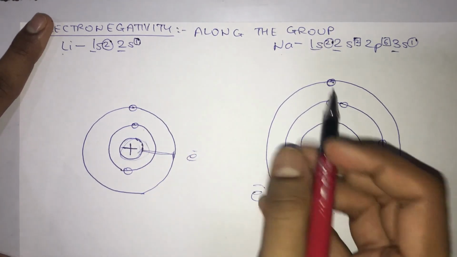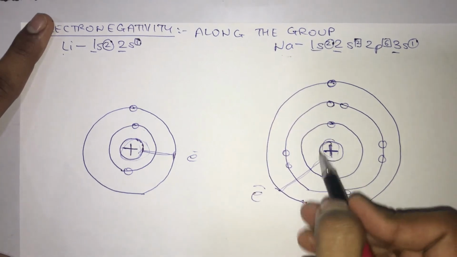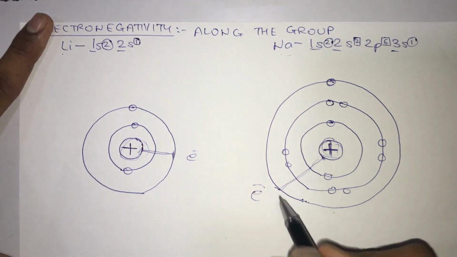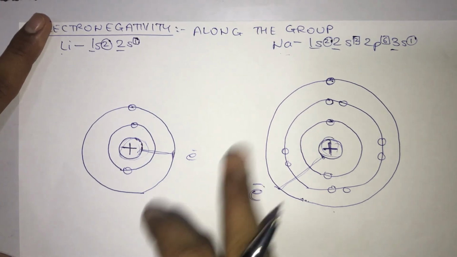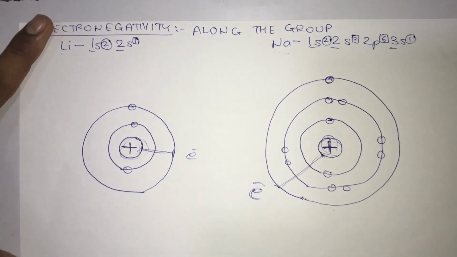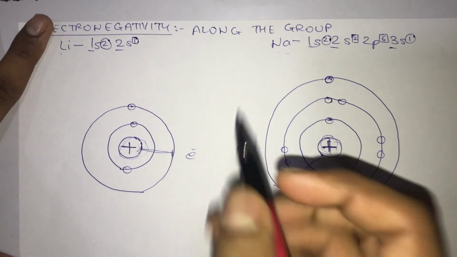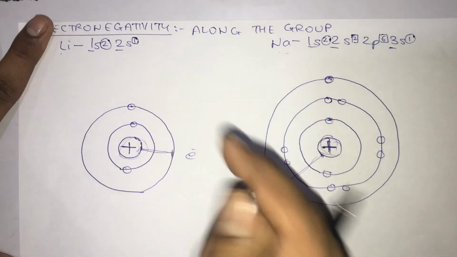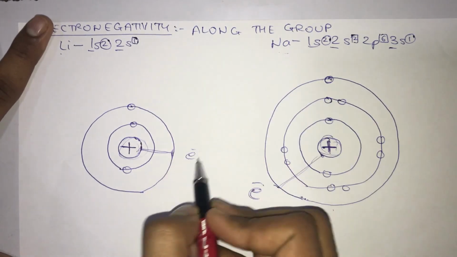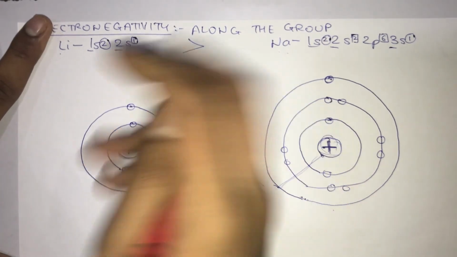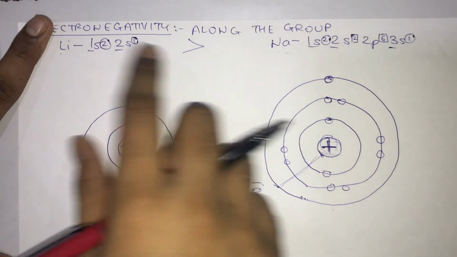Whereas the nucleus of sodium has a greater distance to be covered to attract an electron which is closer to it. So that is the reason that lithium, being smaller in size, can attract the electrons easily, and therefore the electronegativity of lithium is greater than sodium.